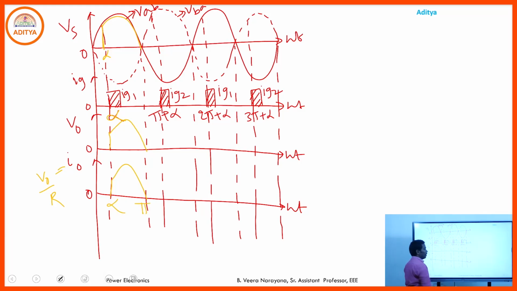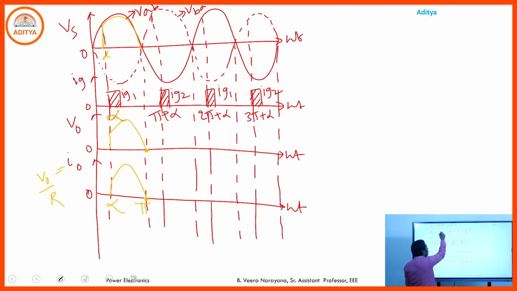This is the output voltage from alpha to pi. And for the output current, here we have a resistive load, hence I naught equals simply V naught by R. Next, at omega t equals pi, both the output voltage and output current are 0, and after that the negative half cycle will be available, corresponding to which T1, D1 are in reverse bias.